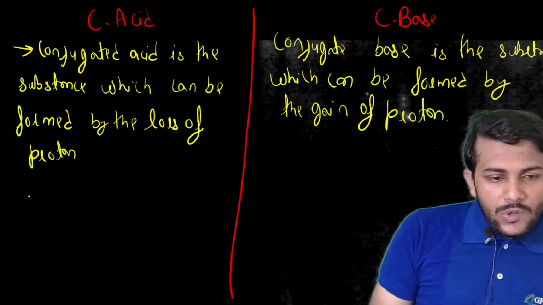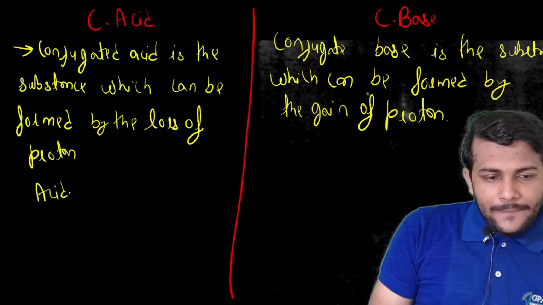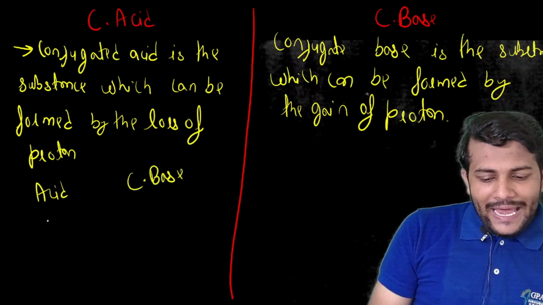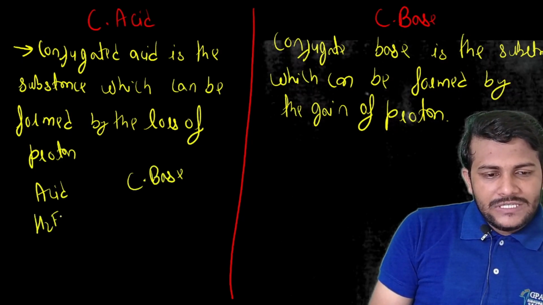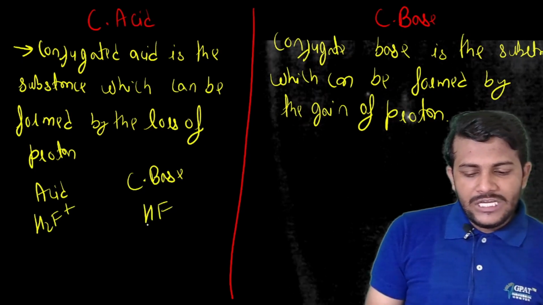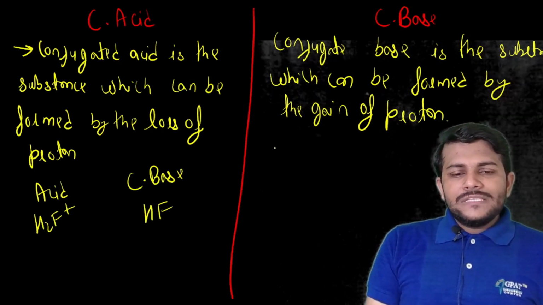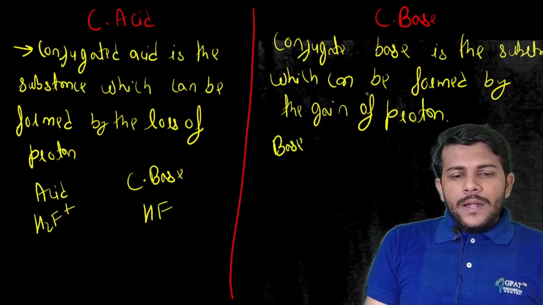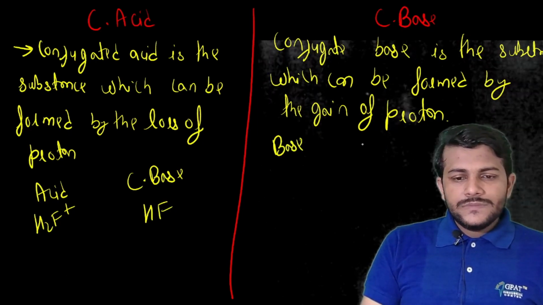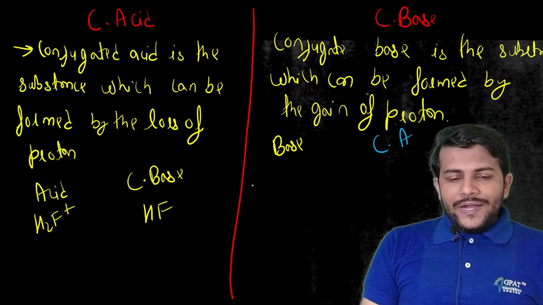Got it? Suppose we are having the acid and conjugate base. Acid, suppose we are having H2F, and conjugate base, we are having the HF. Same is in this case, base and our conjugate acid.